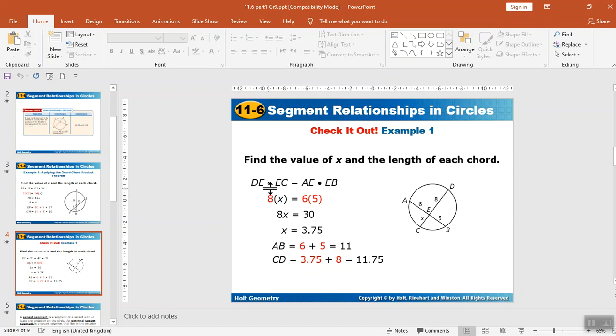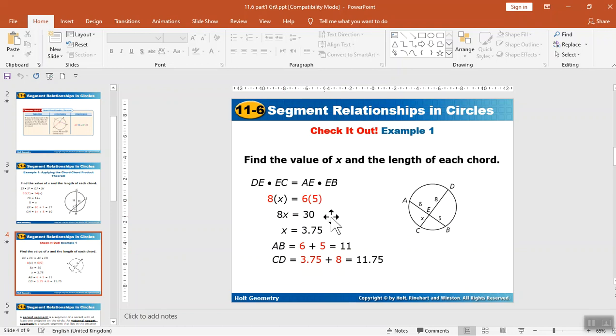We will write the theorem. It says DE times EC equals AE times EB.